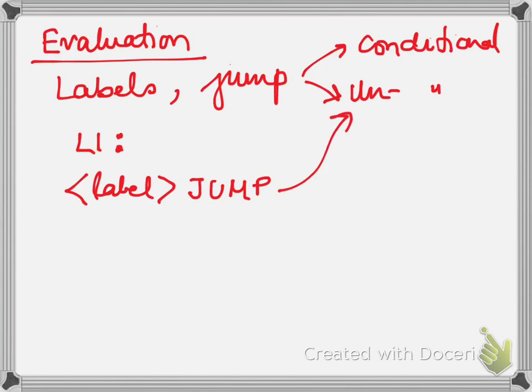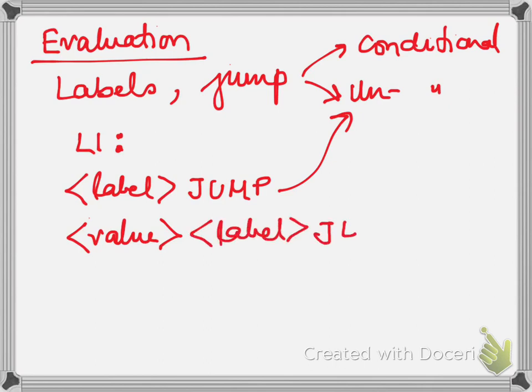Then I can have something like this: value, label, jump if equal to 0, JEQZ. So if the value is 0, then jump to this label.